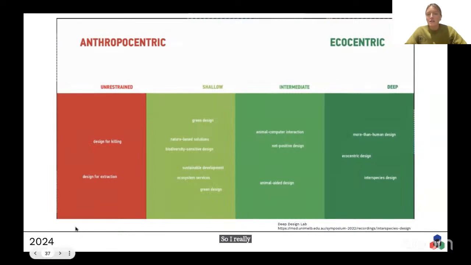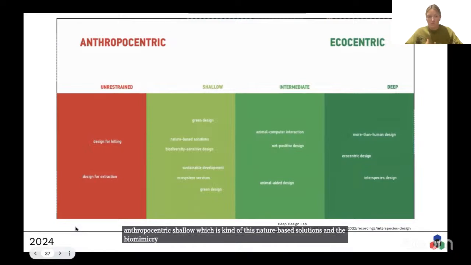I think that it's a really interesting take on the process that we go through as distributed designers. It's really great that we move to anthropocentric shallow, which is kind of this nature-based solutions and the biomimicry, these kinds of solutions, which are really valid and have a place, and certainly have a place if we're talking about economic value.